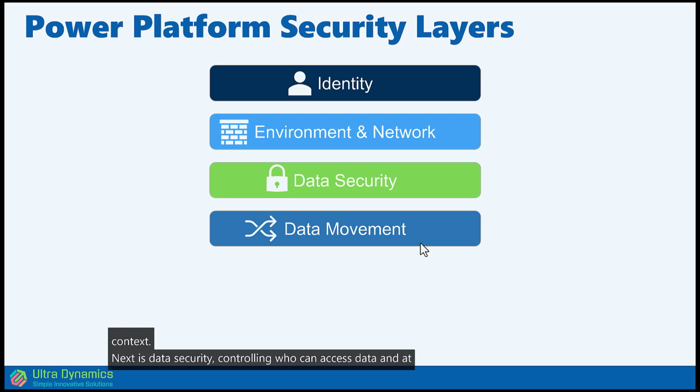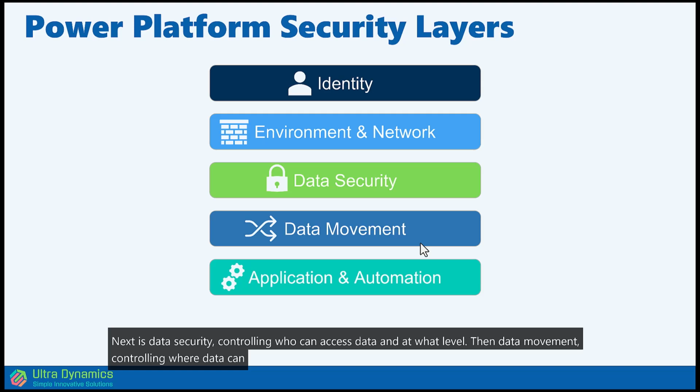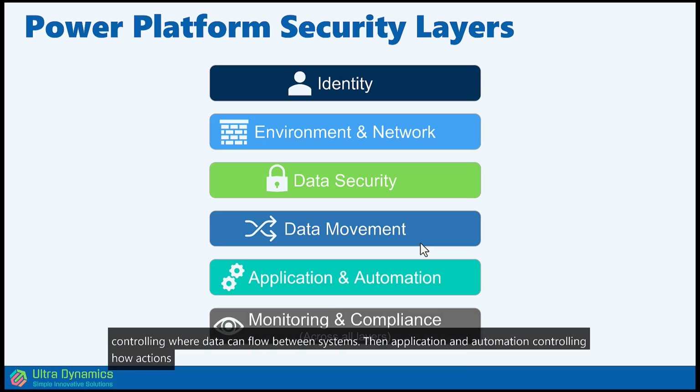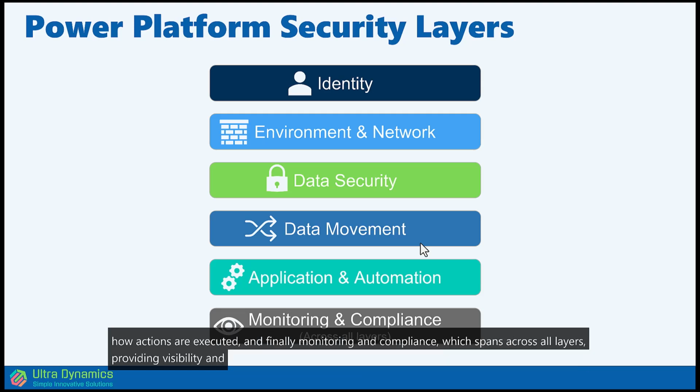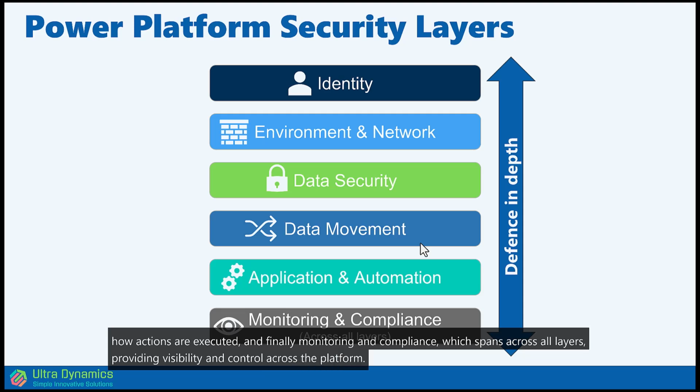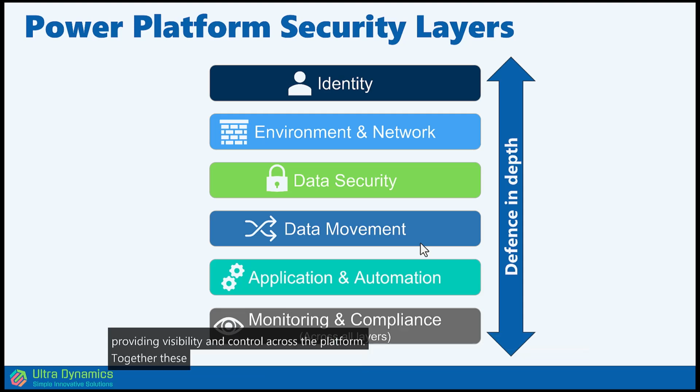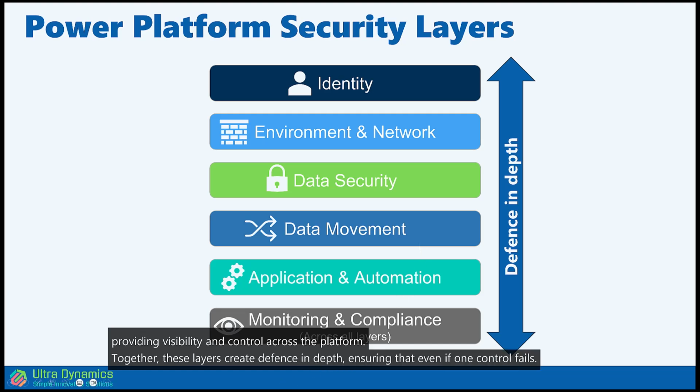Then data movement, controlling where data can flow between systems. Then application and automation, controlling how actions are executed. And finally, monitoring and compliance, which spans across all layers, providing visibility and control across the platform. Together, these layers create defense in depth, ensuring that even if one control fails, others are still in place.